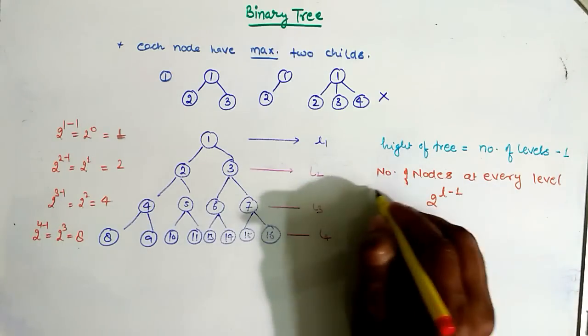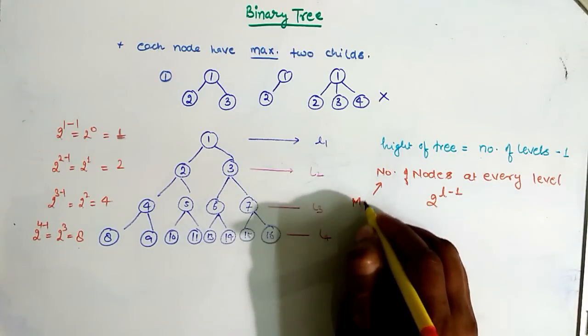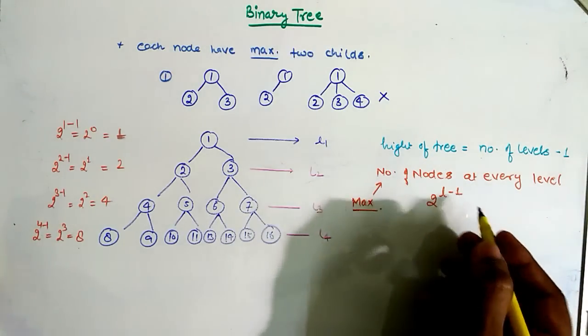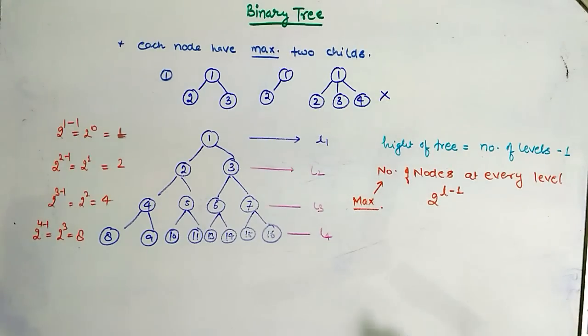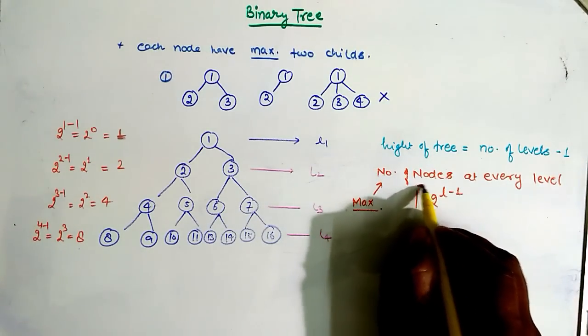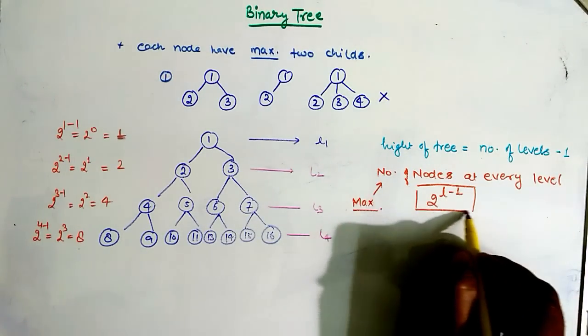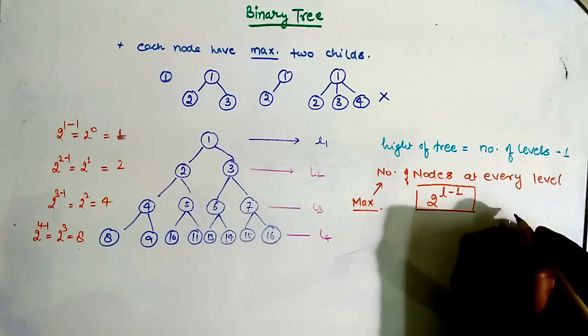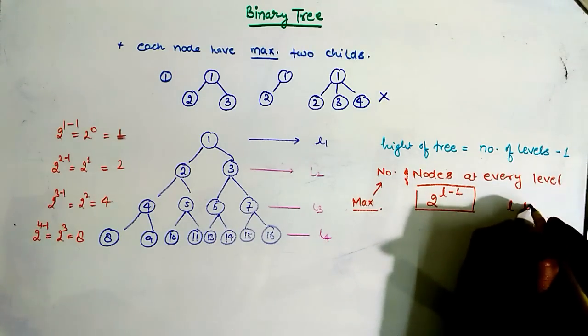So I can say that it is a maximum number of nodes that a level can have. Okay, so the maximum number of nodes at each level can be given as 2 to the power L minus 1, where L is a level number.